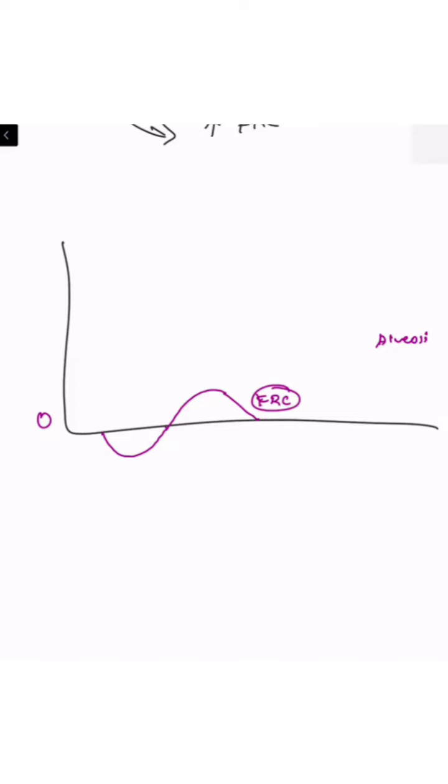So this functional residual capacity will create some pressure inside the alveoli, which is called our positive end expiratory pressure, which is present at the end of expiration. Normally at the end of expiration, you will have some amount of pressure, around 5 centimeter of water. So this is the normal PEEP we have in our lung mechanism.